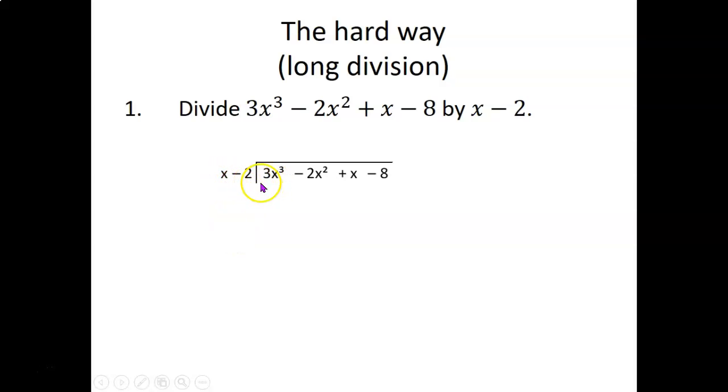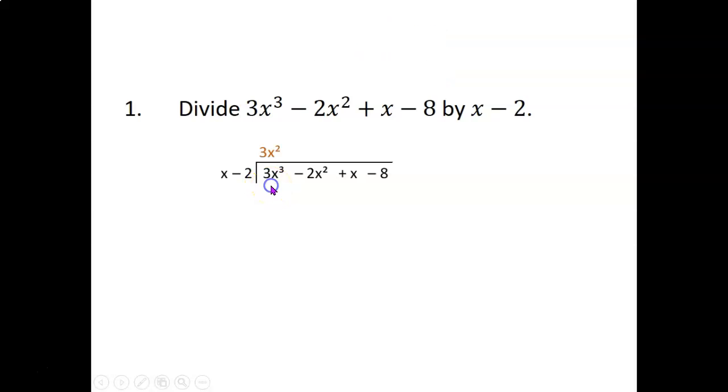This starts with x, this starts with 3x cubed, and I think, what would I have to multiply times x to get 3x cubed? Answer, 3x squared. So I'm going to multiply that 3x squared by not just the x, but by this whole thing, x minus 2. So when I take 3x squared times x minus 2, I get 3x cubed minus 6x squared.